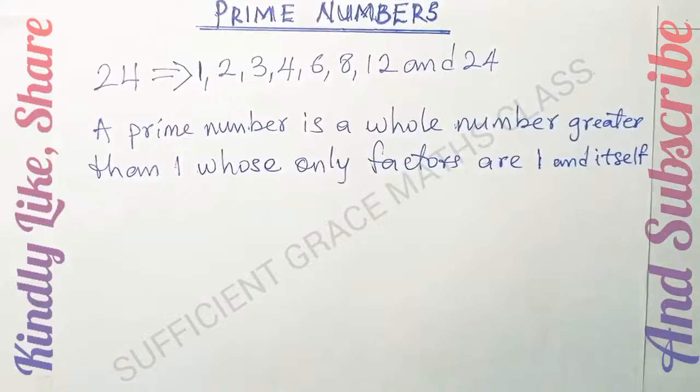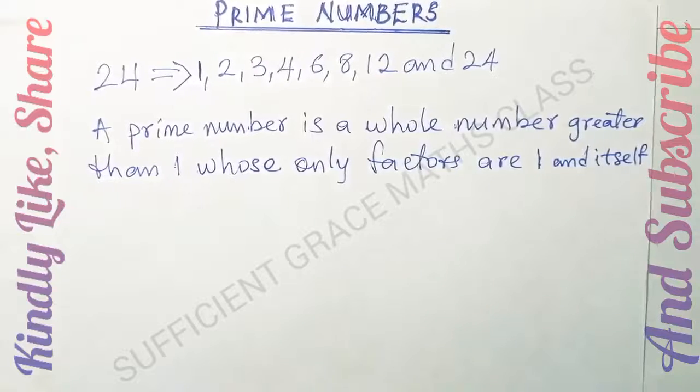That is, prime numbers are the numbers that can only be divided by 1 and itself. Prime numbers are the numbers that can only be divided by 1 and itself without having any remainder.